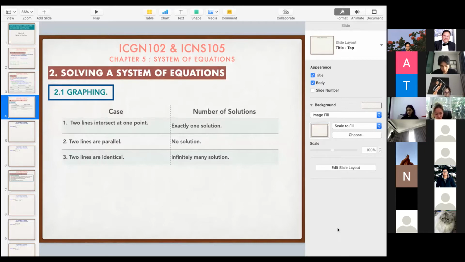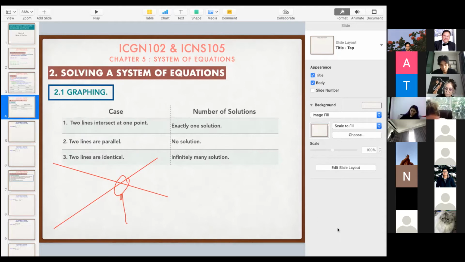So when we do the graphing, first case, two lines intersect at one point. If you have two lines and they intersect at one point like this, you have exactly just one solution only, that is this point. That is the solution of x and y, let's say.